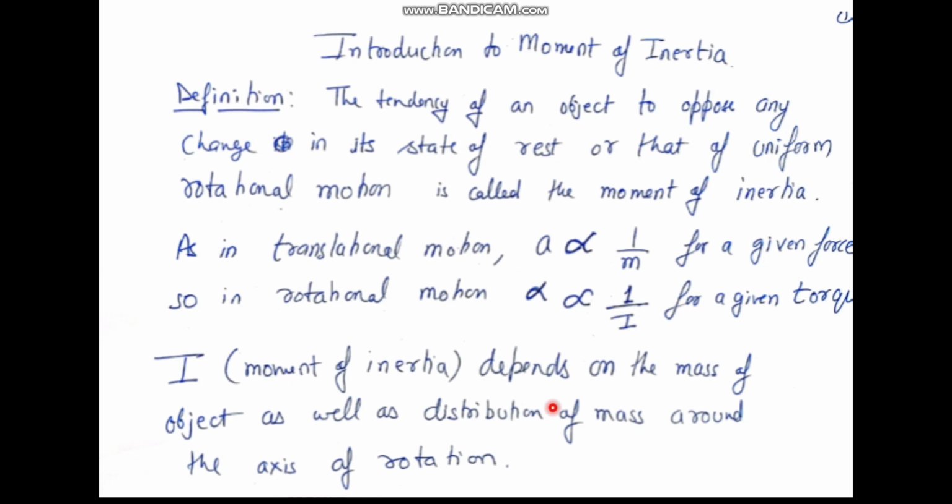So we will see that two objects, although they might have the same mass, may have different moment of inertia because of different distribution of mass in them. So first we will derive the moment of inertia in some standard cases, and then we will see how it is useful in other cases.